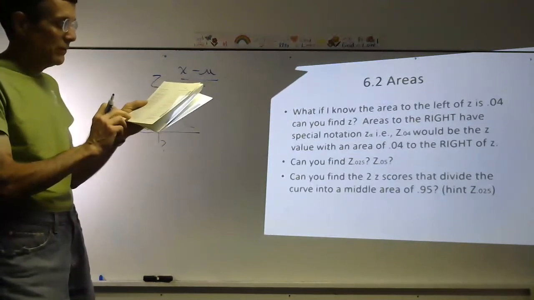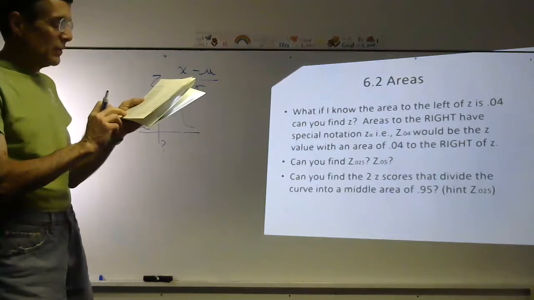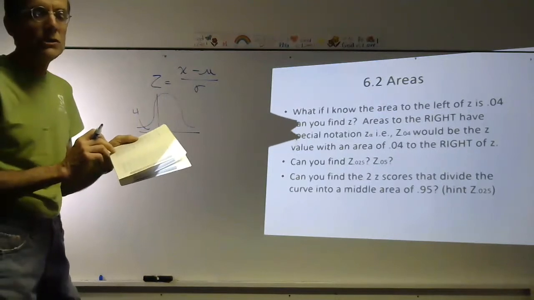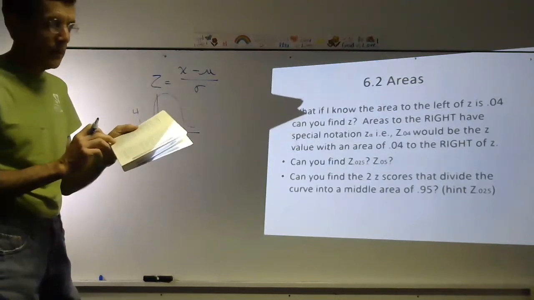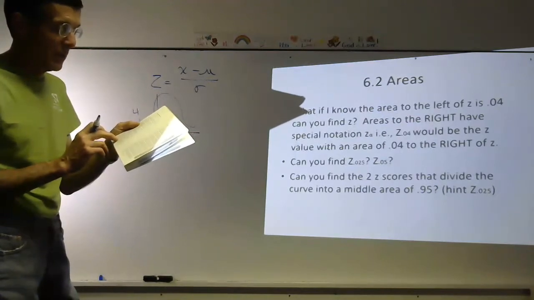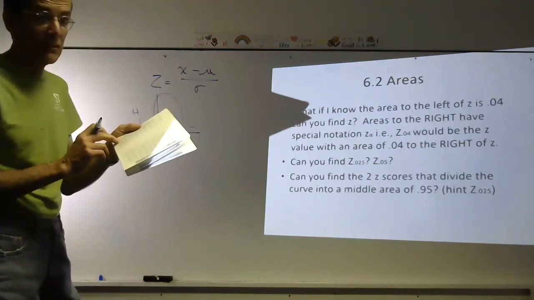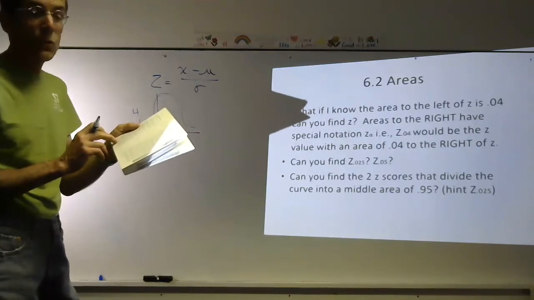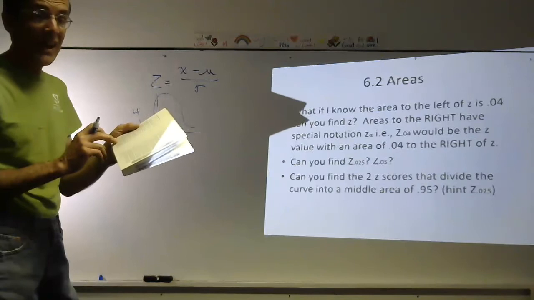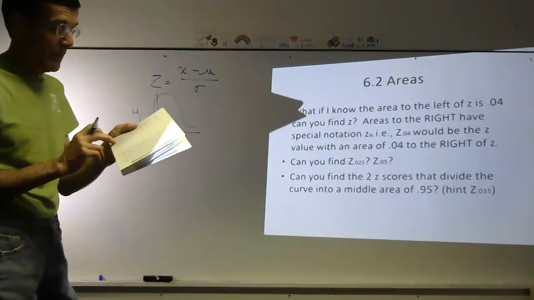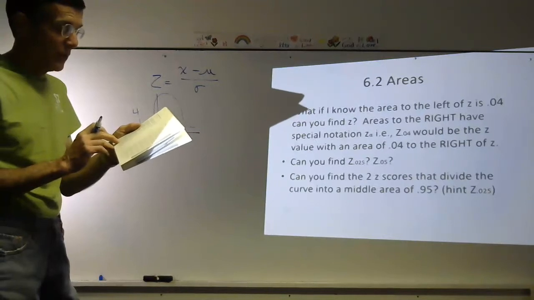It's either 0.4013 or 0.3974. Which one is it closer to? Shouldn't 0.4 be closer to 0.4013 because it's 13 ten-thousandths above 0.4, and 0.3974 is 26 ten-thousandths below 0.4? Are you with me? Okay. So I know it's 0.4013.